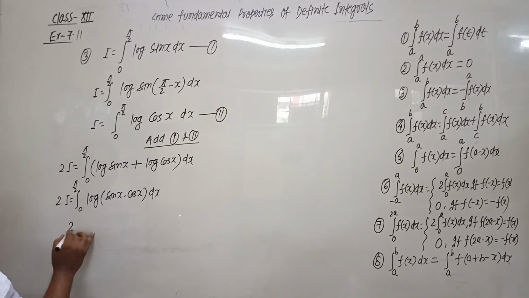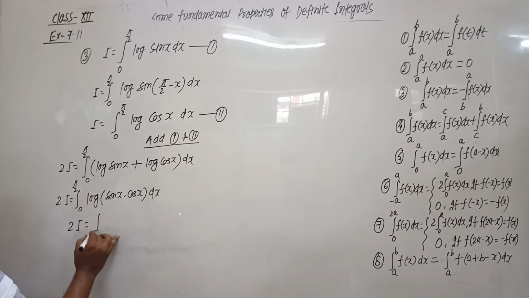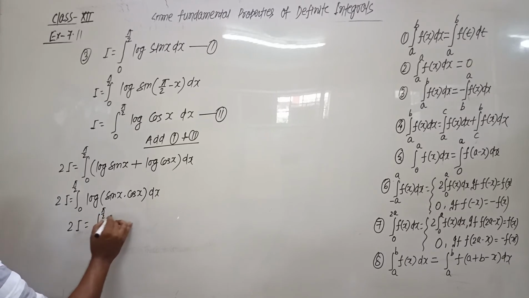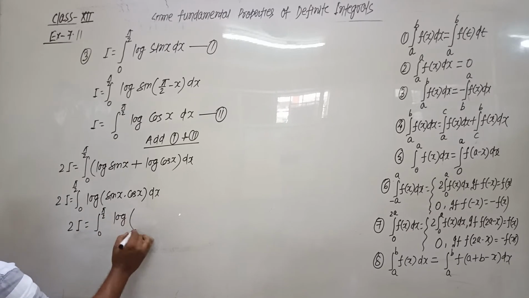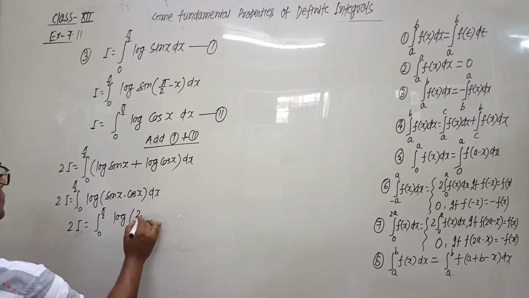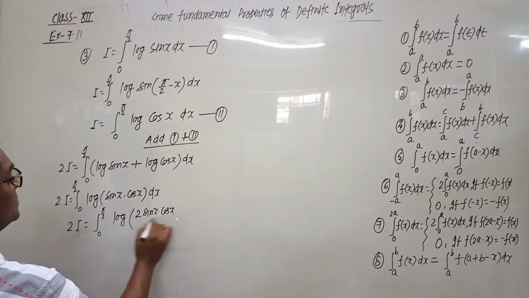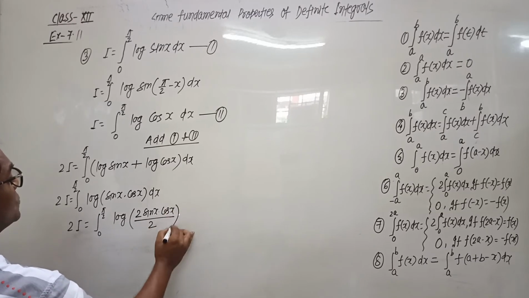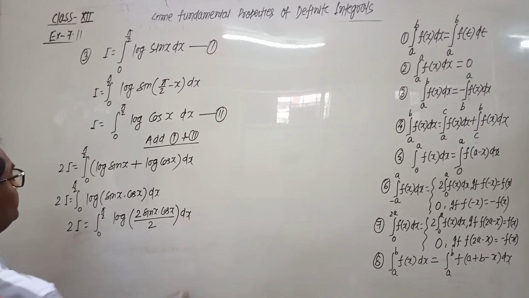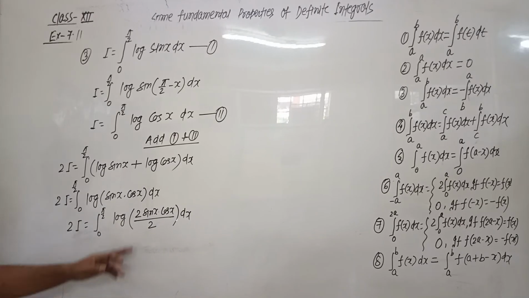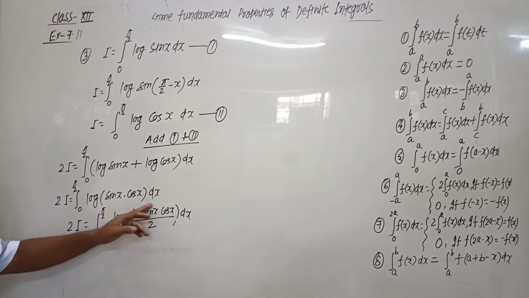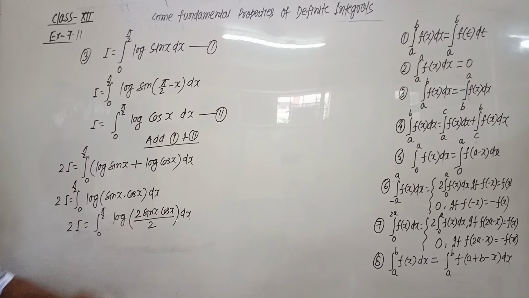Then 2I equals to integration 0 to pi by 2 log, we multiply 2 and divide by 2 in an angle. So 2 sin x into cos x upon 2 and dx. Why we multiply and divide by 2? To make the formula 2 sin theta into cos theta.